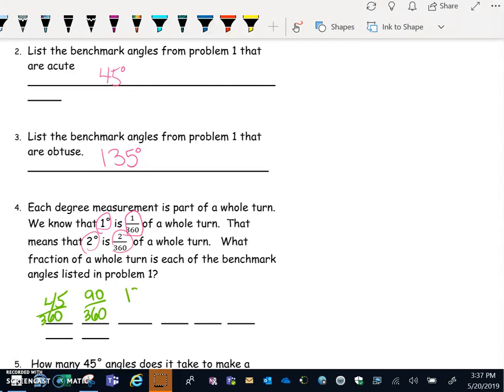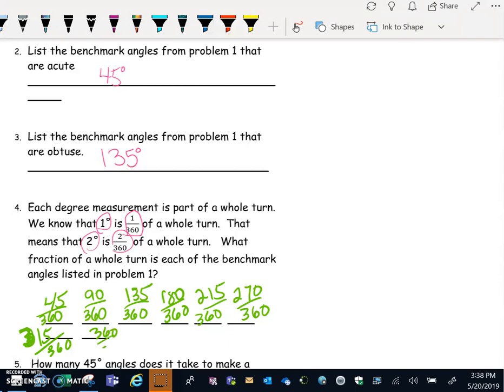Then we had 135 out of 360, 180 out of 360, 215 out of 360, 270 out of 360, 315 out of 360, and then 360 out of 360, which made a complete circle.